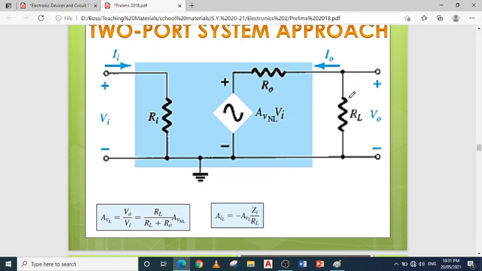In terms of gain, our AVL, since we take the output at this terminal, is RL divided by RL plus RO times AVNL. We will try all these formulas and compare them with the values obtained earlier.